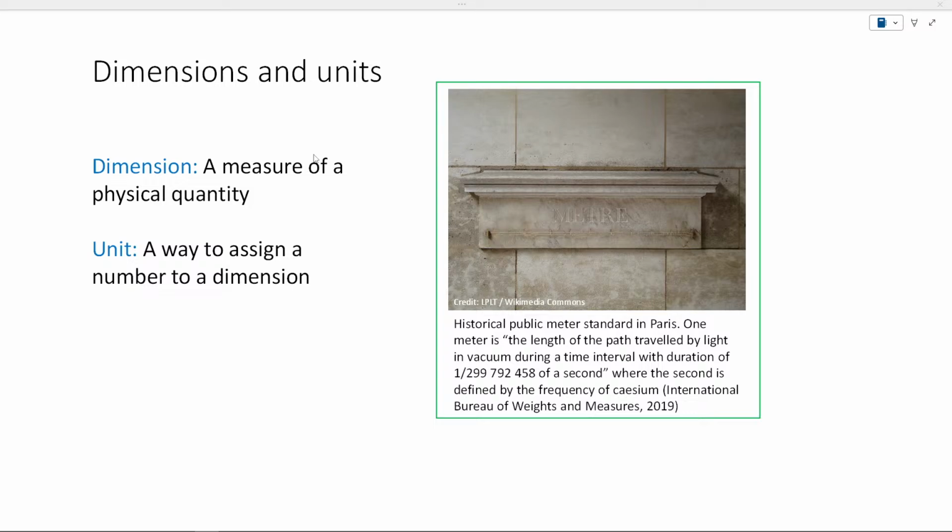So what are the things that we measure? Can you pause the video and think, in physics, what are the things that we measure? Okay. One thing we measure, for example, is distance. We could measure distance in 1D, that would be a length. We could measure distance in 2D, that would be an area.